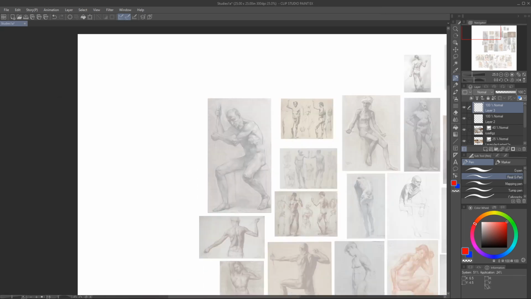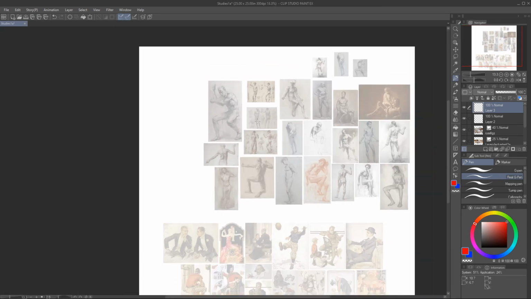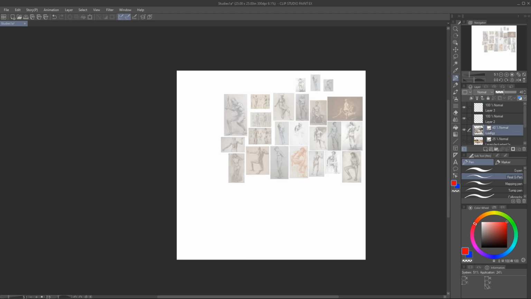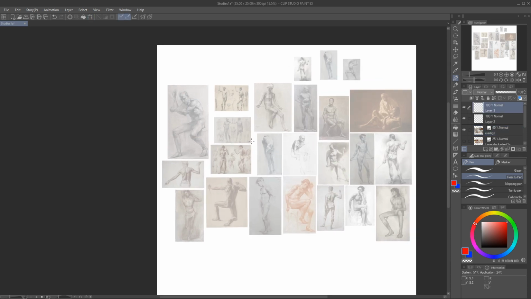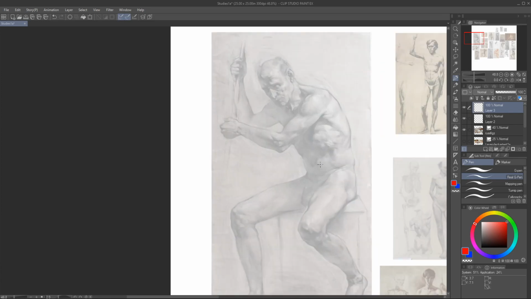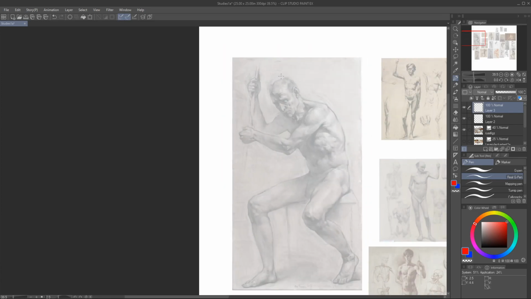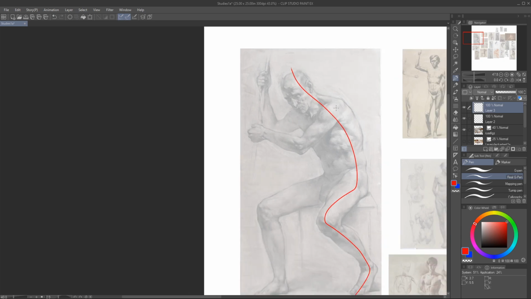So maybe I want to bring up the size of this even bigger. Let's get rid of the line. Blow this up. Alright, so I'm just going to jump right in. What is the simplest line I can find following the form?